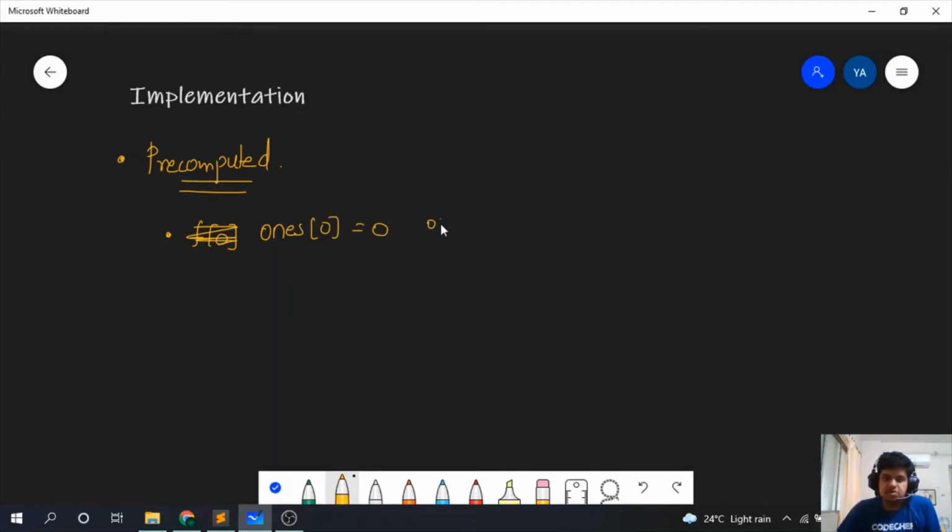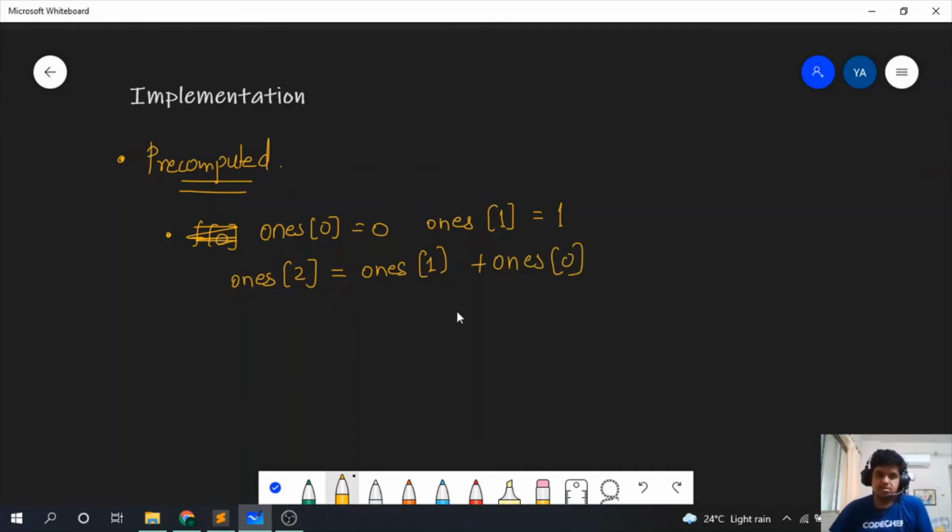What is ones of 1? Ones of 1 will be 1, obviously. Now for 2 it will just be ones of 0 plus ones of 1. So ones of 2 will be number of ones in 1 plus number of ones in 0. And similarly we can have this recurrence relation for all the next numbers, because it is nothing but concatenation.